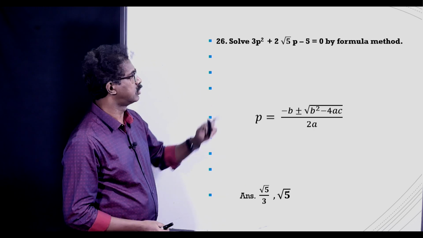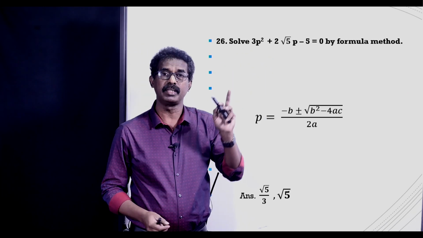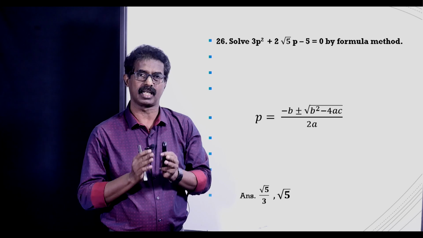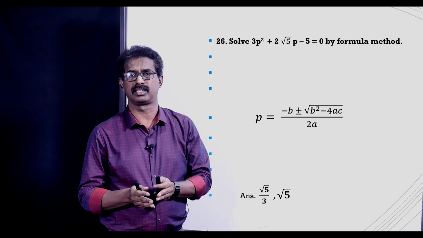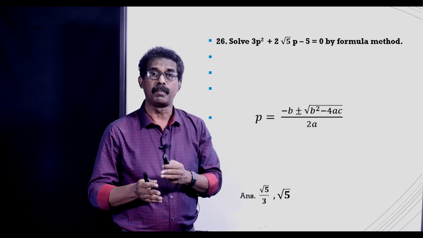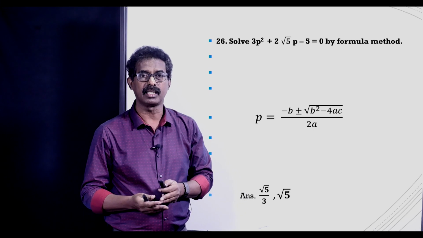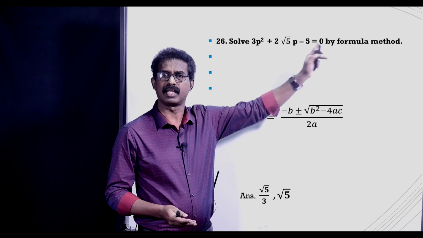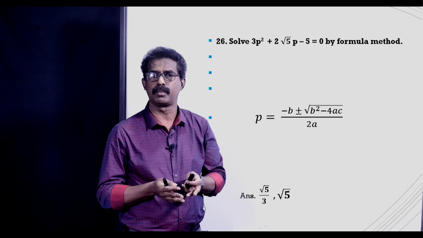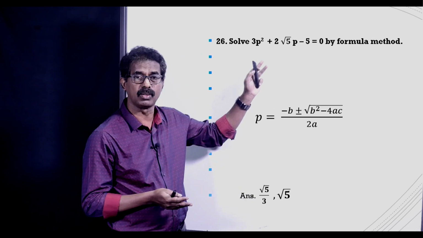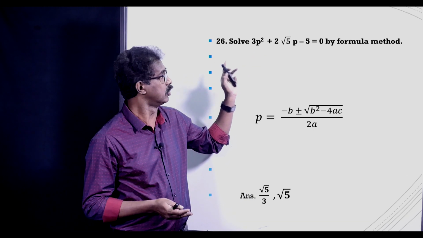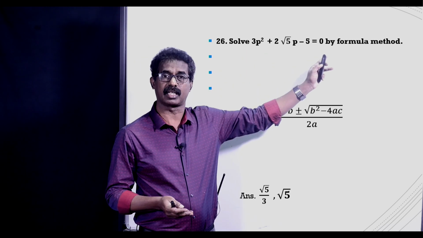Very simple question. Solve this quadratic. Solve means you have to read the question very carefully. There are 3 different methods, right? Factorization method, formula method, completing the square method. But here they specified formula method. If nothing is mentioned, you can use any method. So formula method, you must know the formula. But before that, see what is a value here? A value 3. You check whether it is the correct order. Yes, it is the correct order, right?